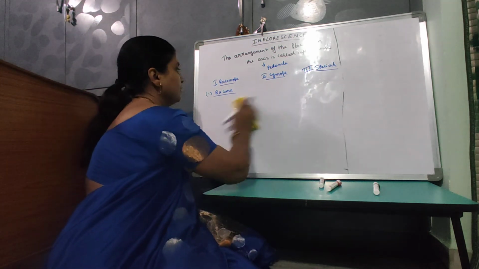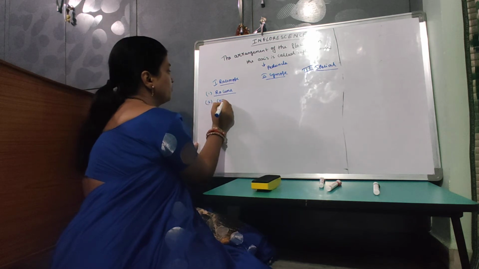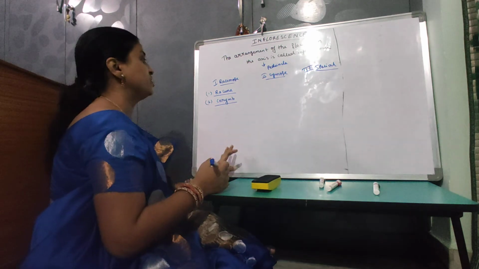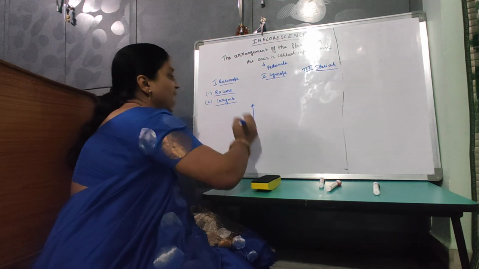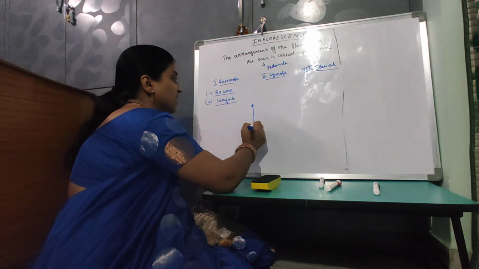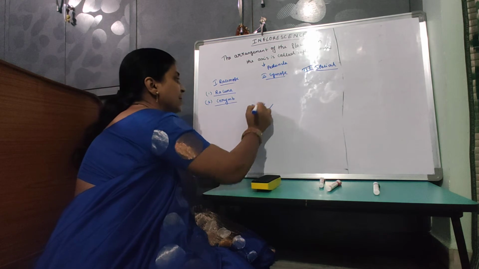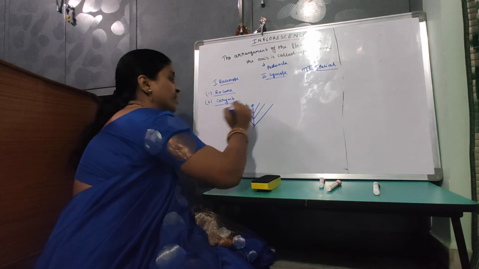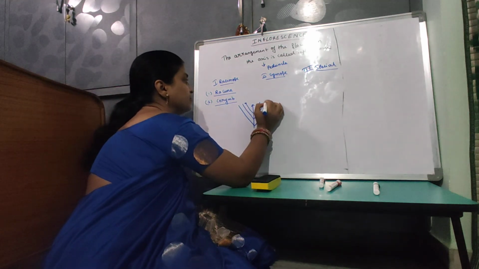Then the second type is corymb. It is a type of racemose inflorescence where the peduncle grows indefinitely and the flowers come to the same height. The flowers arise at different nodes, and they come to the same height.